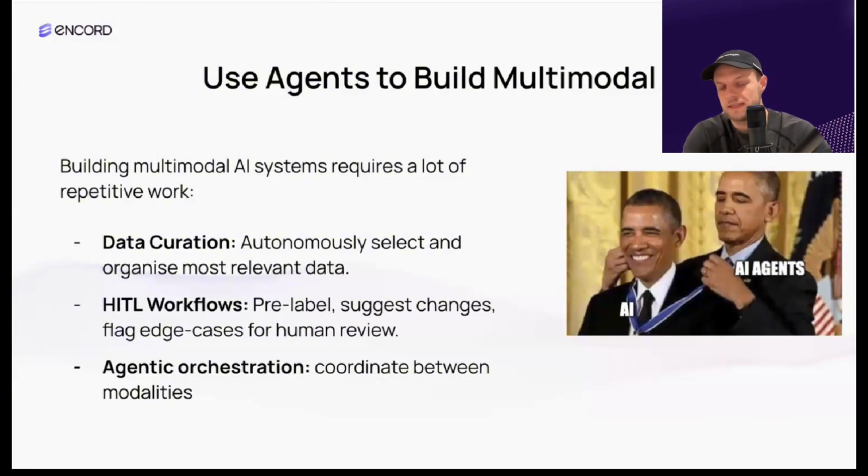Okay, so the next thing is that if we really want to scale these data set building approaches, then we will have to take humans as much as possible out of the loop while still having them in the central areas. There are some things where it's just stupid, sorry, pardon my language, that we employ humans since we can do much better these days. We've seen this again and again in the lifetime of Encord as well.